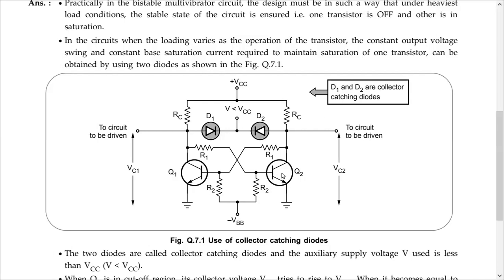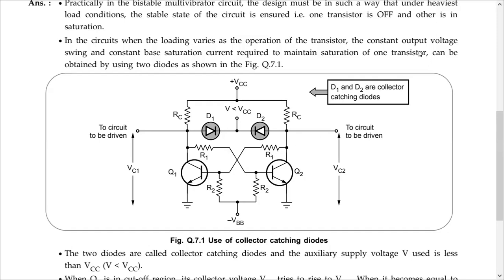Irrespective of whatever load we connect, the voltage here is still V. So the problem we discussed earlier, the excess current drawn by the load, will not affect the functionality of this circuit.